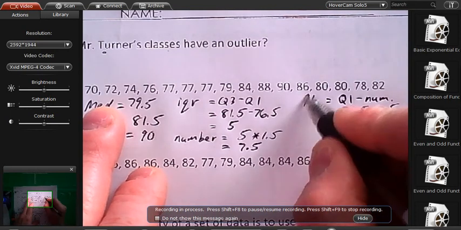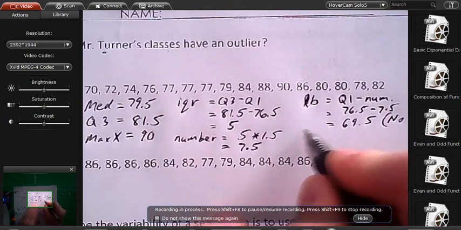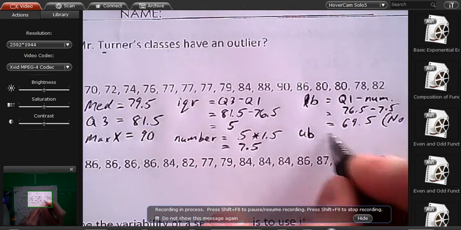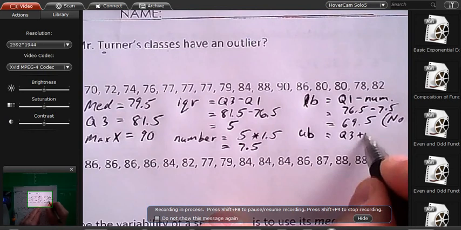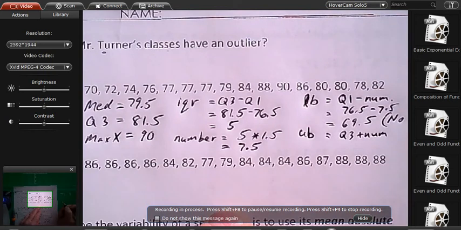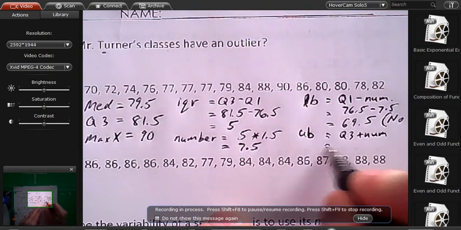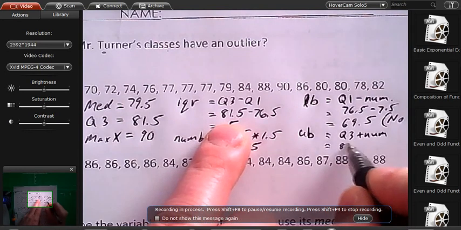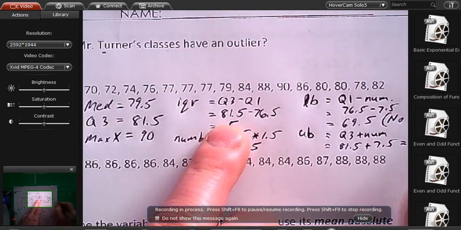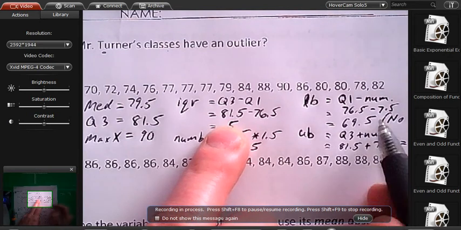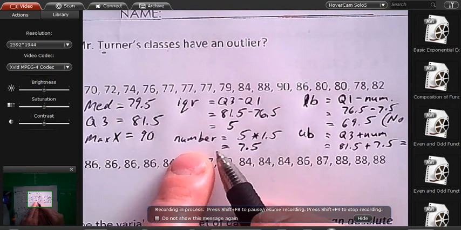Now for my upper boundary, I'm going to take Q3 plus that special number. So that gives me 81.5 plus 7.5, and that comes out to be 89. How'd you get 7.5? That's my special number, determined by 5 times 1.5.